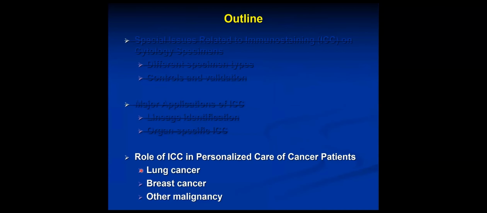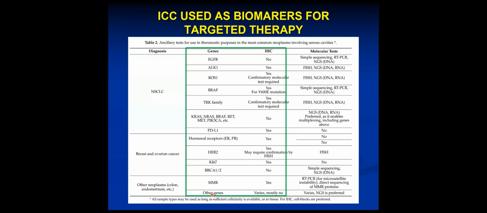So in the next about 5 minutes or so, I will explore the impact of ICC in tailoring personalized care of cancer patients, emphasizing its role in lung cancer and breast cancer. This table summarizes how ICC could be used as a biomarker for targeted therapy, focusing on non-small cell lung cancer and breast and ovarian cancer.